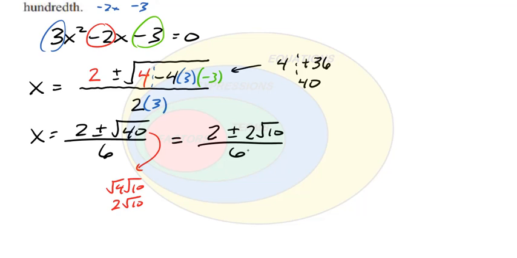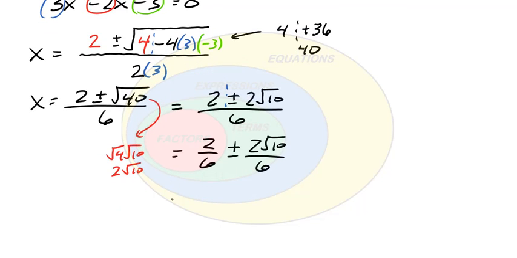All right, the last thing that we can do to simplify this is because we have those two terms on top, we can distribute the division, or the 6 in the denominator, to each of the terms and rewrite this as 2 over 6 plus or minus 2 square root of 10 over 6. And that would be the same as 1/3.